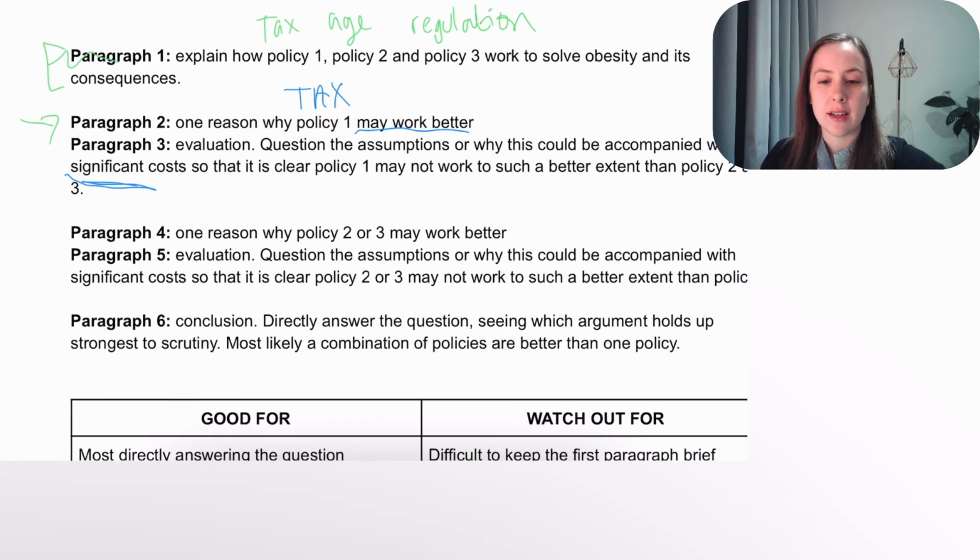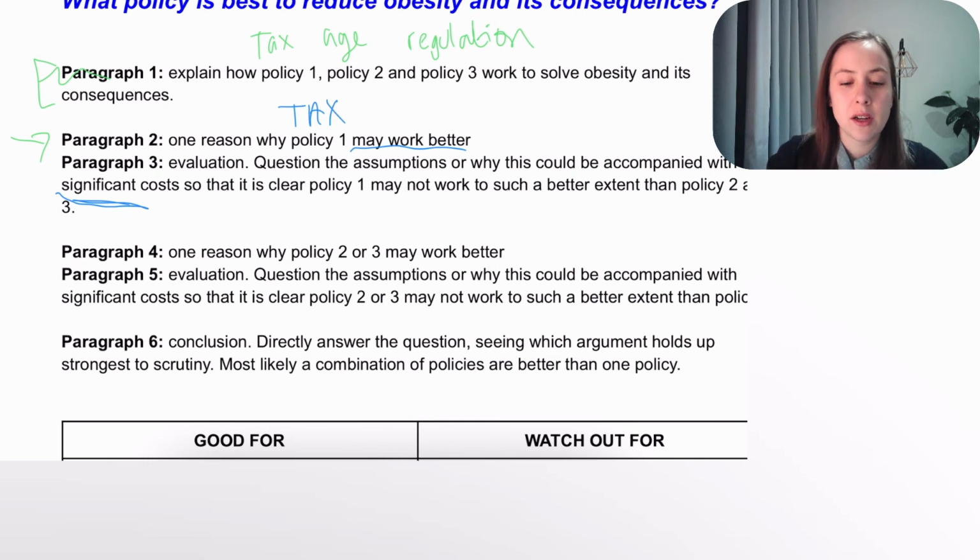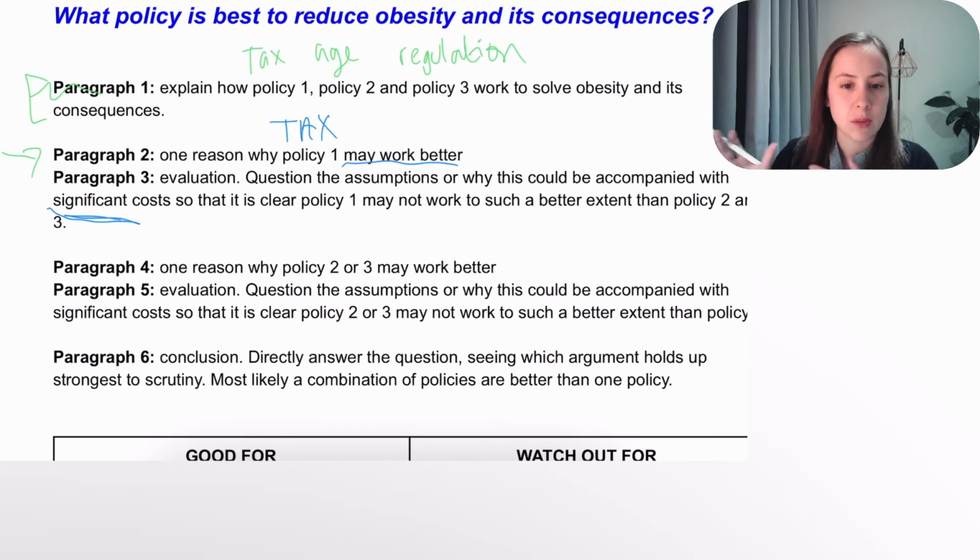Then you want to look at the other policies. What you have to do in this question is prove why something else might be better. So it doesn't really matter whether you take policy 2 or policy 3. You could take one of them or both of them and just come up with one reason why age requirements or regulation might be better. So you might say the problems of obesity are most significant when it affects children.